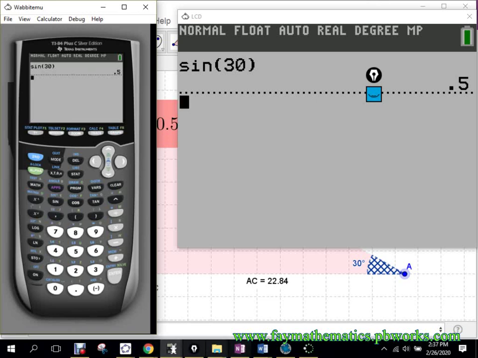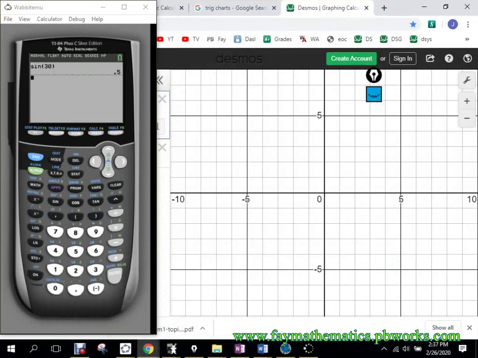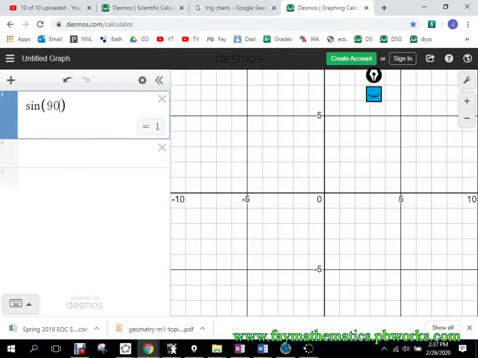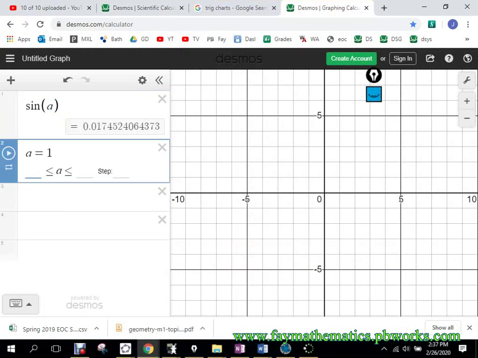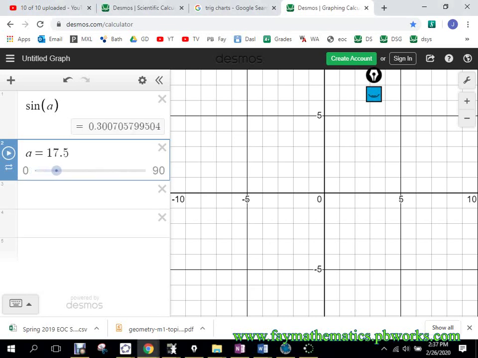I'm going to use Desmos to demonstrate this, because I can just change things a little bit easier on that. If I go sine of, I'm going to just say A here, and I'll make A go from, we're only going to be interested right now from 0 to 90. Okay? But if I do that, and I stop it, so sine of 17.5 is that number right there. Okay?